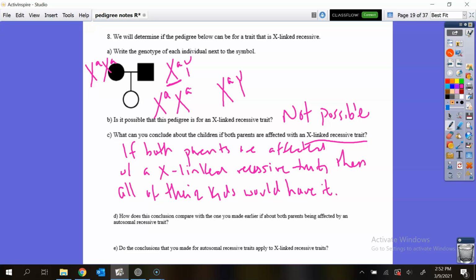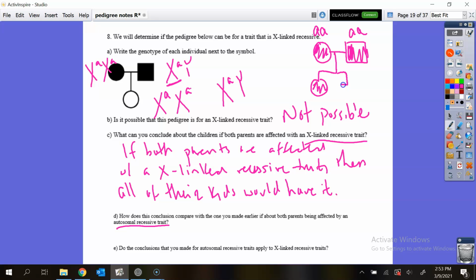How does this compare to parents being affected by an autosomal recessive trait? Well, let's see. If they're affected, they're going to be shaded in. Autosomal, we just use A's, but we don't have to, it's not sex transmitted, so you don't have to use the sex chromosomes. So if they had a daughter, daughter would have to get it.